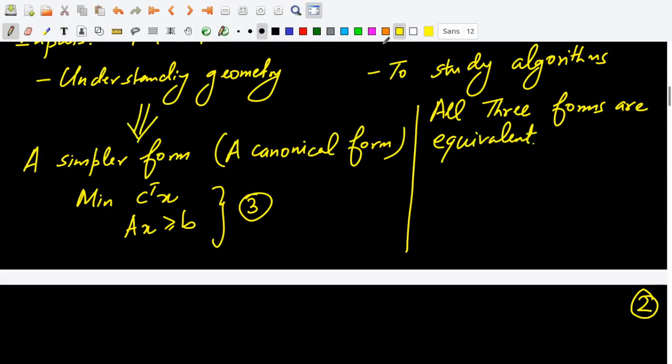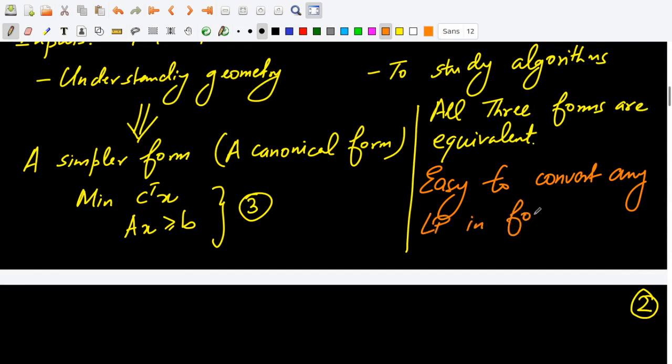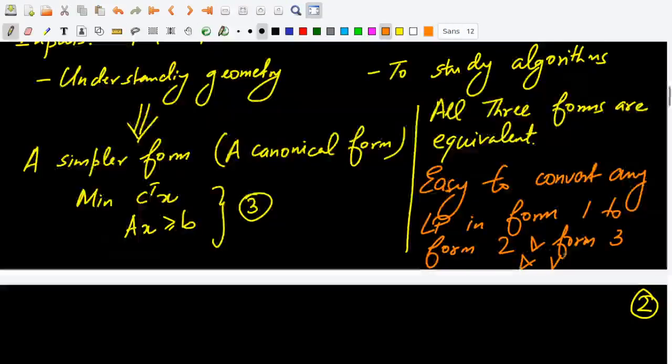It's easy to convert any LP in form 1 to form 2 and form 3, and also vice versa.